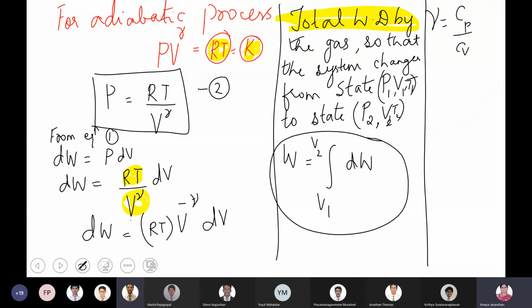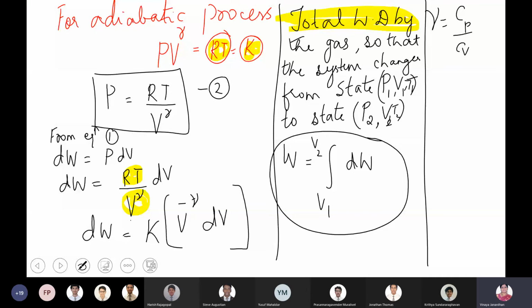Ma'am, what about the constants? Like you have to substitute the dW. Yeah, we'll. Only assumption what we make is that the work done dW is a very small amount of work, so that the displacement is dx.